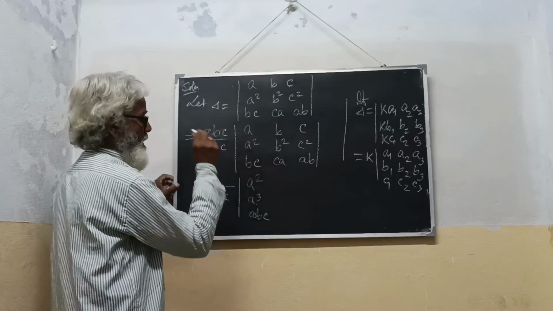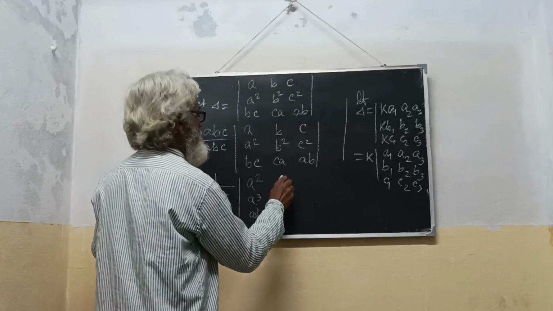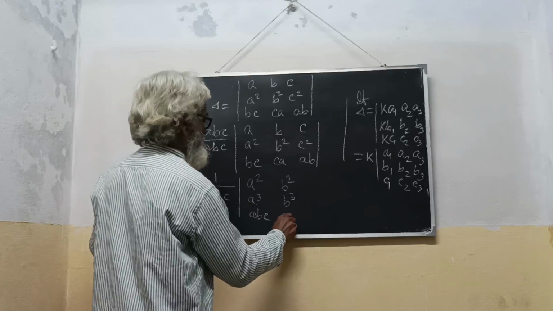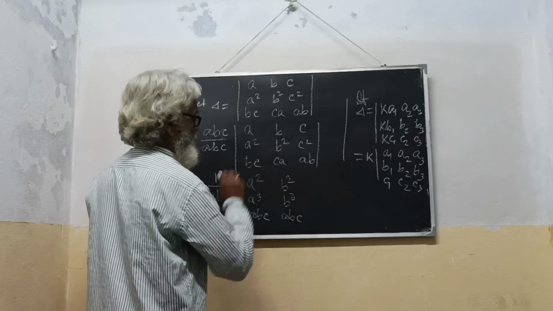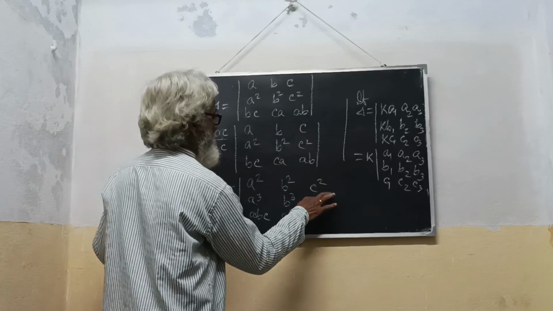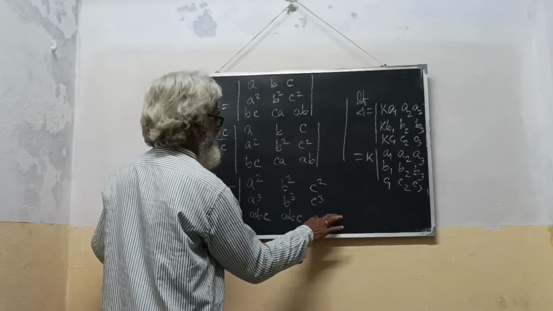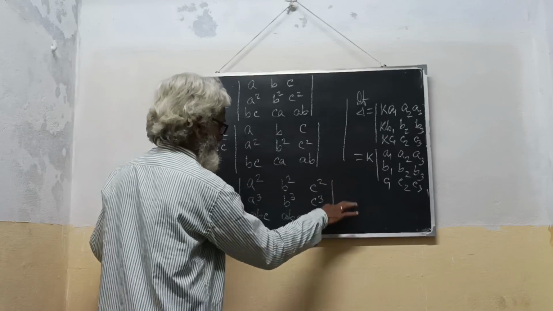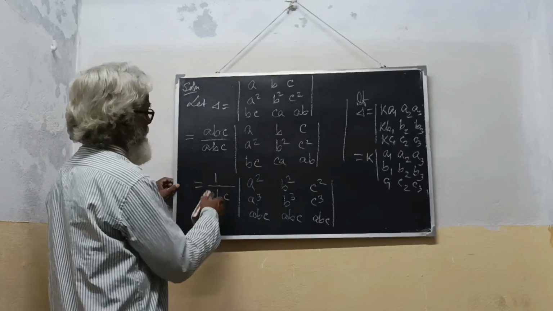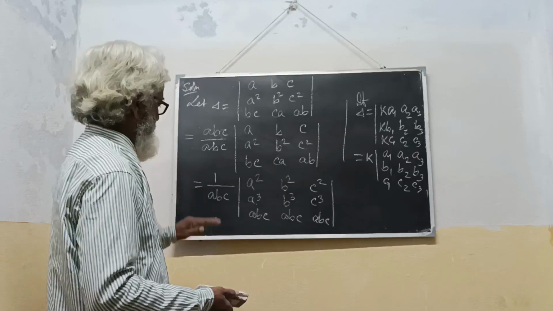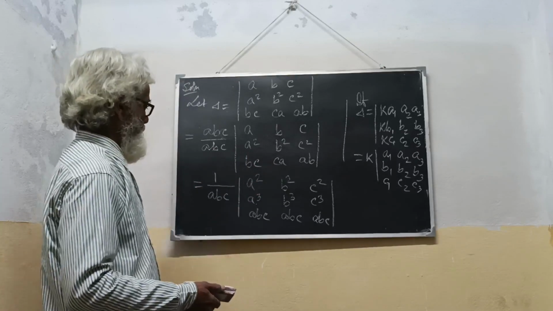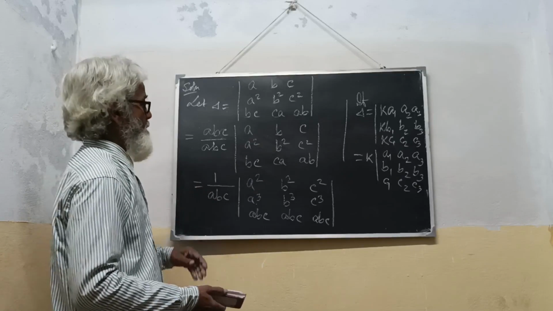B to the elements of second column. C elements of third column, and therefore ABC is not here, but this has no role to this determinant, so it keeps outside the determinant sign.